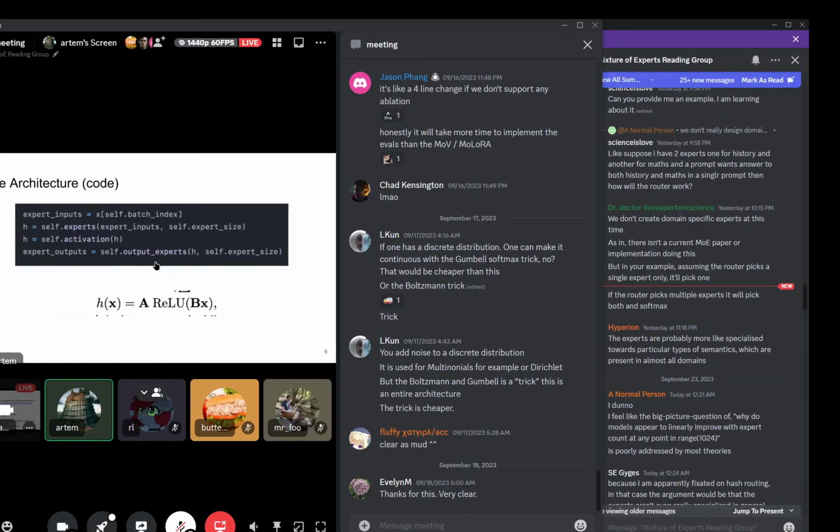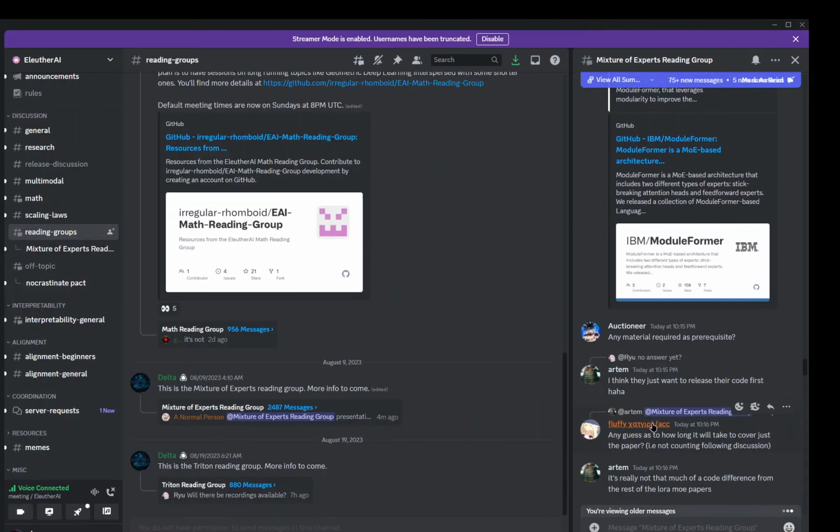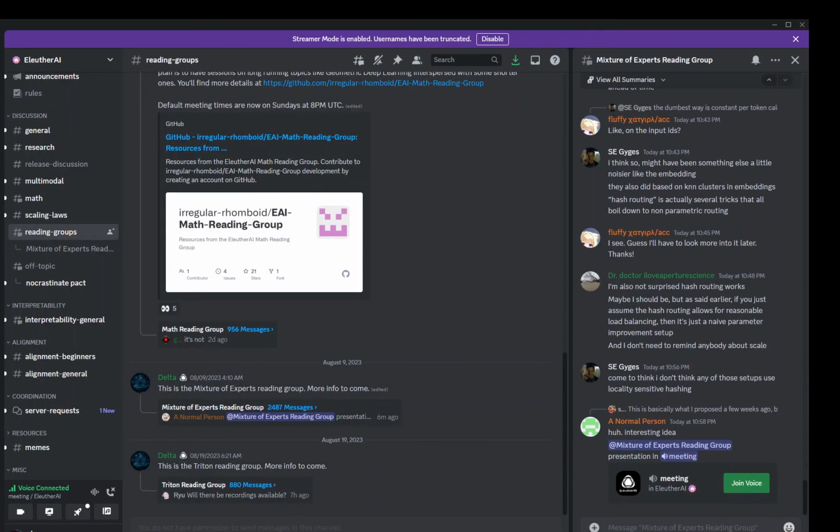This code is just from their GitHub, which I linked in the chat, and it's Hugging Face compatible. I think it's okay code, so you could actually just go over it.